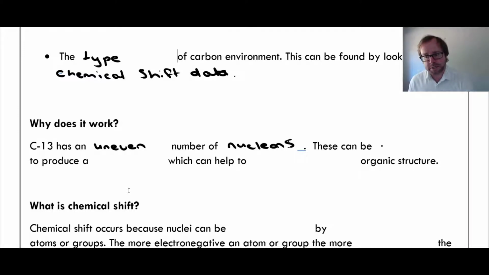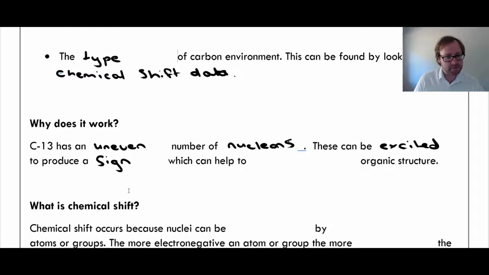These can be excited to produce a signal which can help to identify organic structure. As I say, this is really simplified. If you want a more detailed explanation, watch the previous video on spectroscopic techniques.